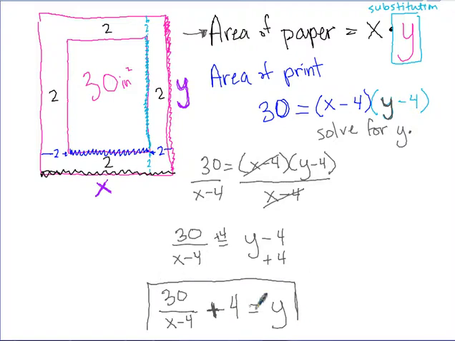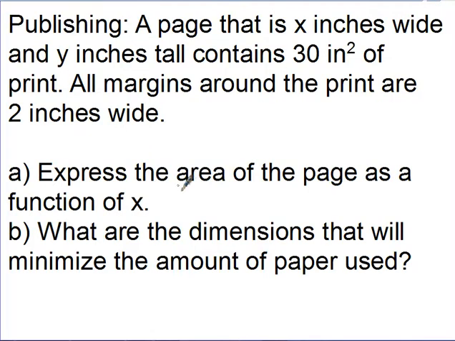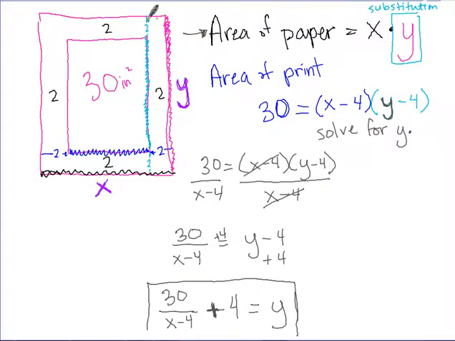And you say, yeah, big deal, so what? Well, so what? Now I can substitute it back into here. Okay, so going back to our first question, we want to express the area as a function of just x. So here, area equals x times y. We just determined that y was 30 over x minus 4 plus 4.